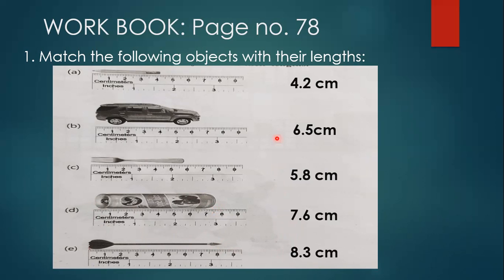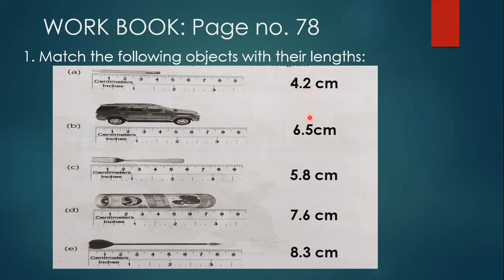Children, now we will see how to convert this measure. Here all the measures are given in centimeter. How to convert into centimeter and millimeter? The number shown before the decimal point will be the centimeter measure, and the number coming after the decimal point shows the millimeter measure. So 4.2 centimeter, we can say 4 centimeter and 2 millimeter.